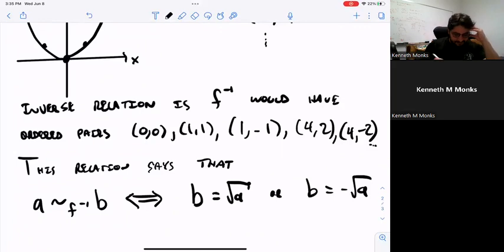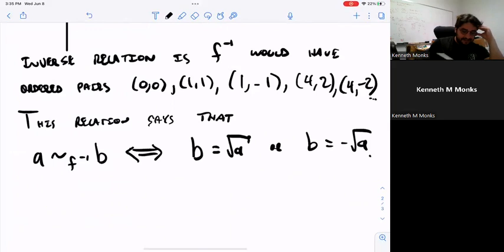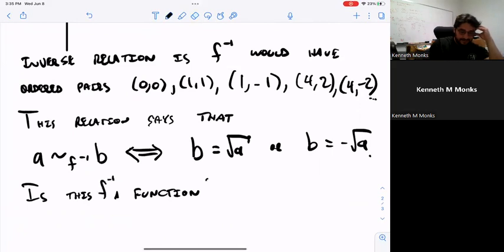Okay, so what can we do next? Well, we can ask, is this relation F inverse a function? It's a perfectly good relation.